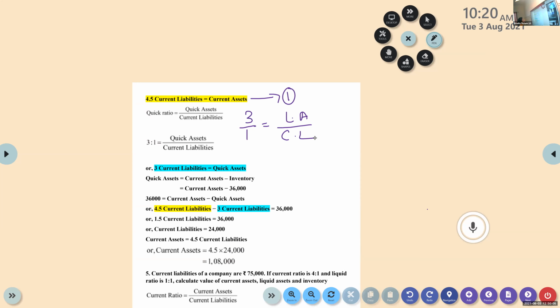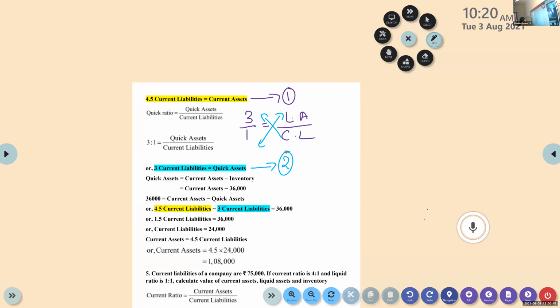Again, cross multiply and frame another equation. So it becomes 3 into current liability is equal to 1 into quick asset. So we have 2 equations now. First equation is 4.5 current liability is equal to current asset. Second equation is 3 current liability is equal to quick asset.